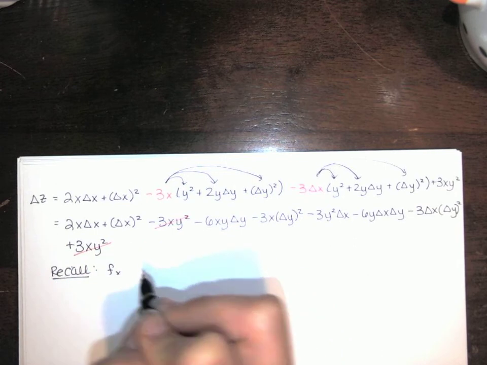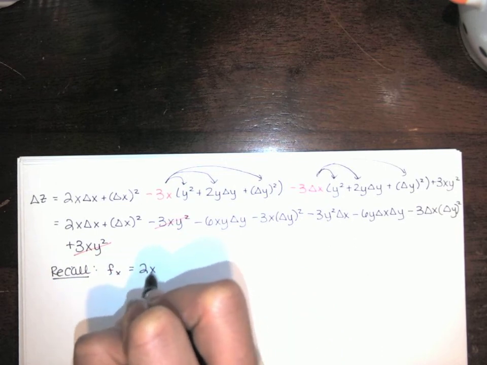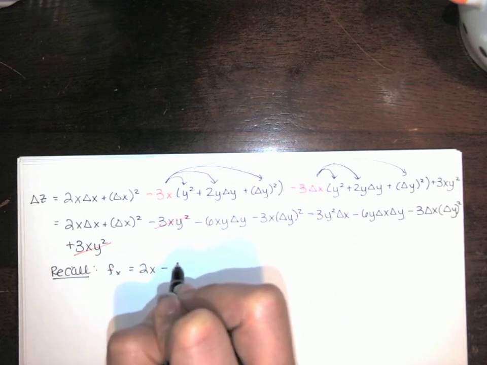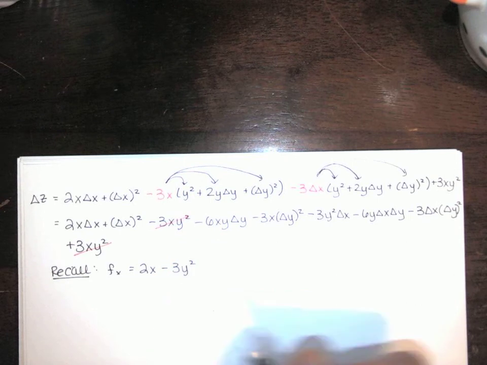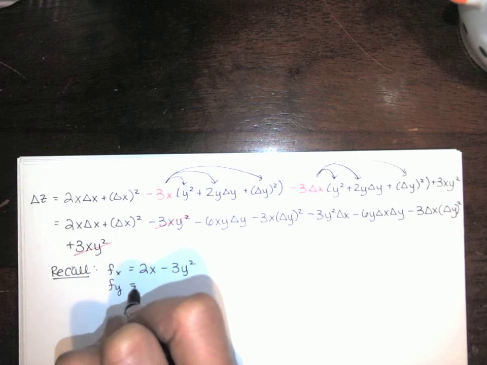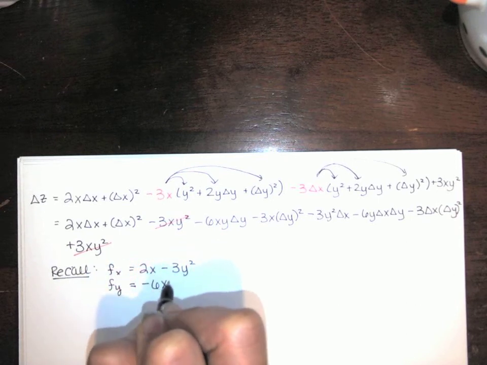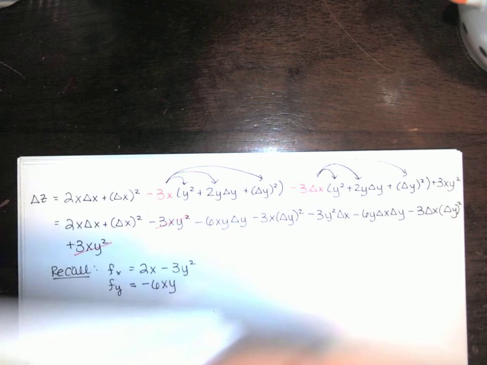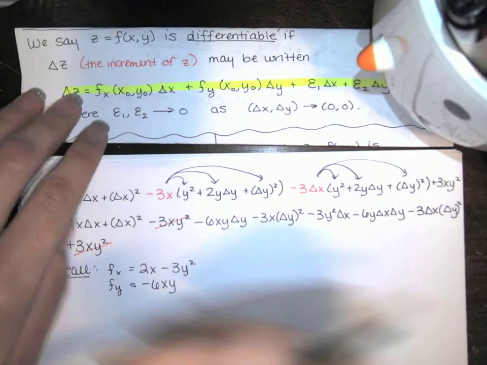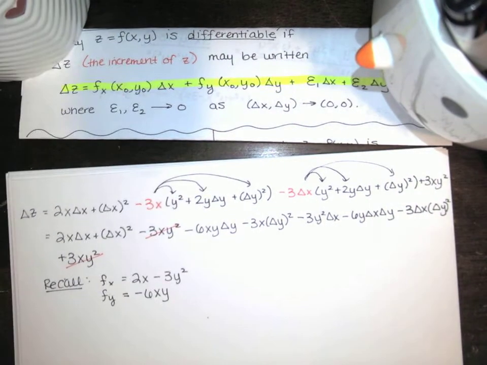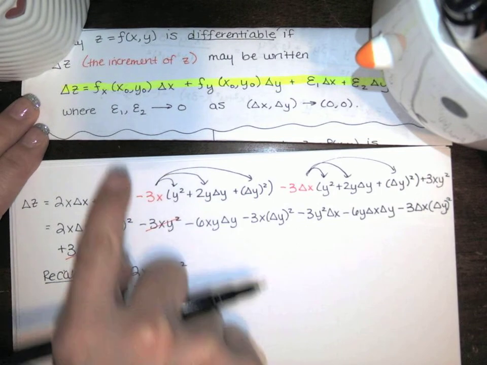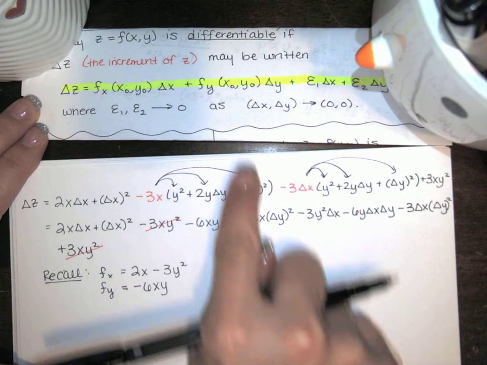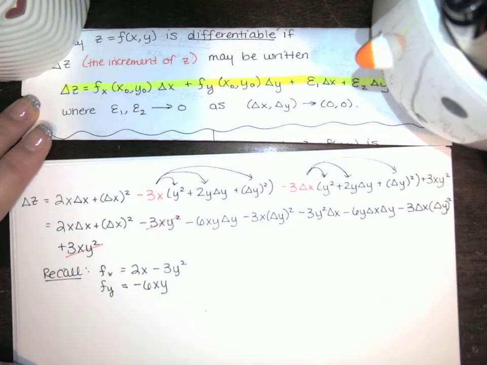The partial of f with respect to x was 2x minus 3y squared. And the partial of f with respect to y was negative 6xy. So I need that times delta x and negative 6xy times delta y.